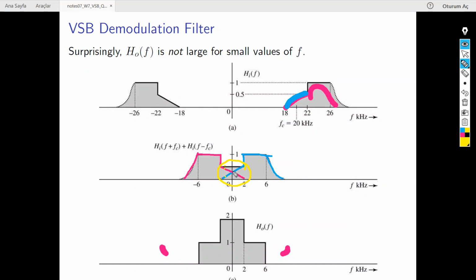This plus this, it's this. This plus this again, it's this value. So when you sum all the points coming from the first signal and the second signal, you end up having a total signal of this amplitude. This is coming from the summation of the vestige parts of each of these two signals. Clear? So now what do you have? This is the shape you have.